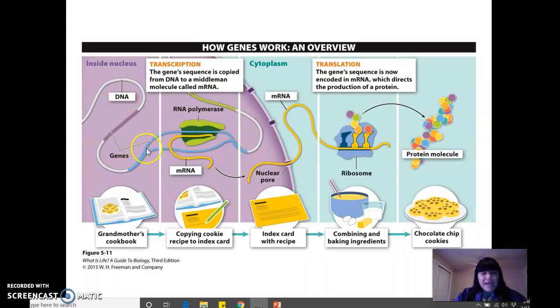So here's the DNA, then it opens it up, brings in complementary bases only to one side. DNA has A, T, C, G, and RNA has A, C, G, but instead of T, RNA has U. And if we look at RNA, it's single-stranded. It has the base uracil instead of thymine.